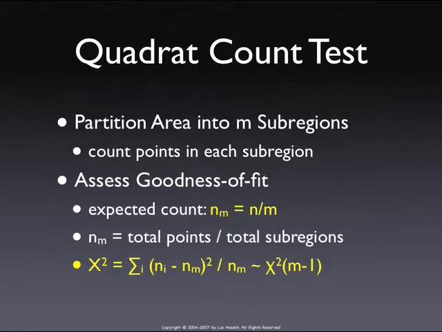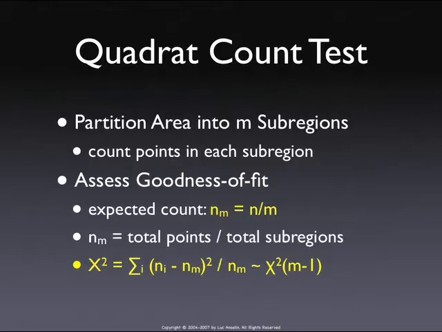How large is that deviation? That we can test with a simple chi-square test of goodness of fit. And that's basically what a quadrat count test does. It takes the expected count in each subregion, and the subregions are these squares that we have.